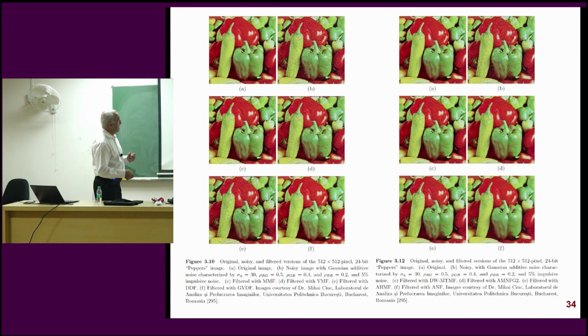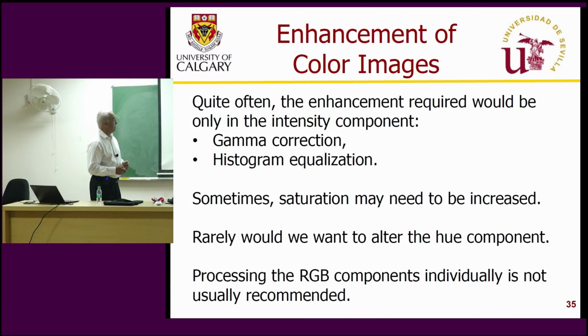So we showed that our approach gave the best result compared to these other filters in terms of some distance measures. But again, all distance measures don't correlate well with the human visual perception of what is good and what is bad in terms of noise, sharpness, and such.